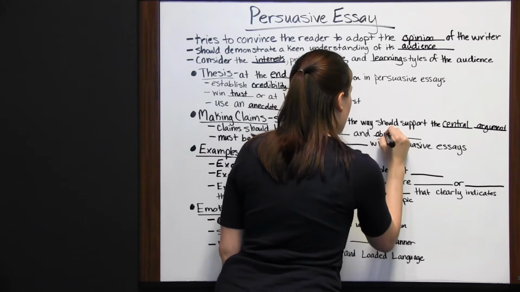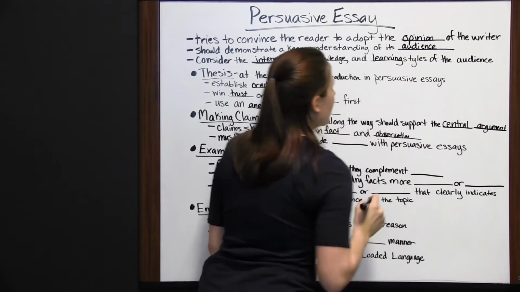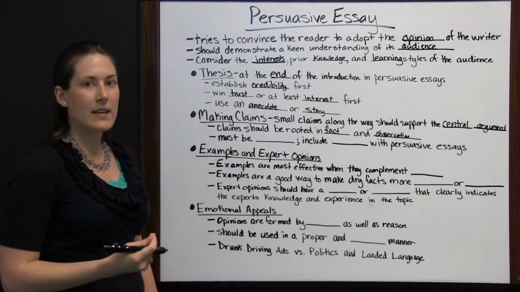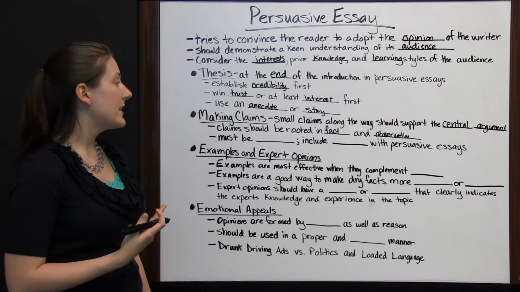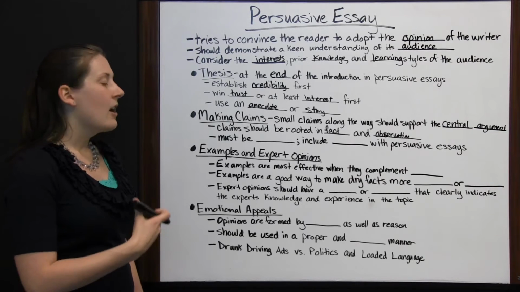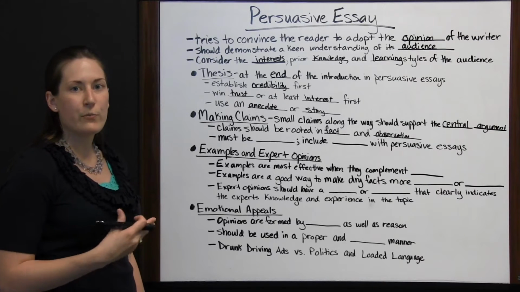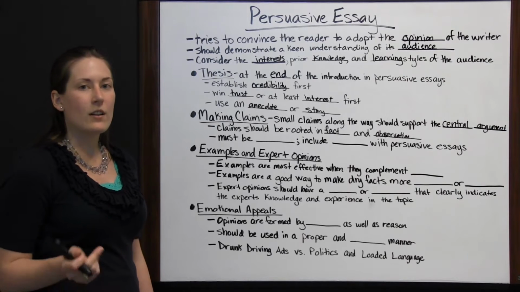These claims cannot be something that is just your opinion. It can't be something you made up. You can't say, I think chocolate ice cream is the best ice cream. You could say, I think an ice cream parlor should serve more varieties of chocolate ice cream.